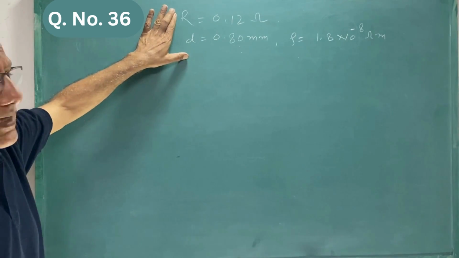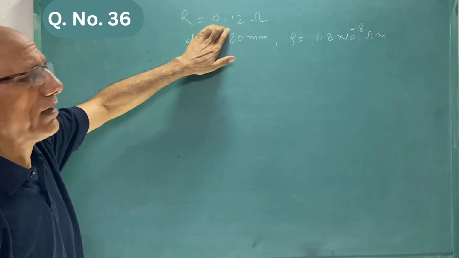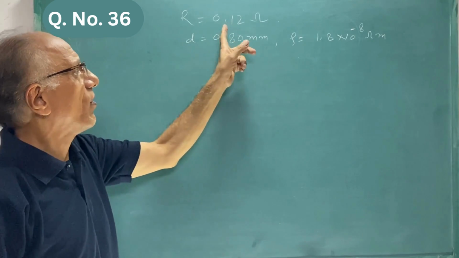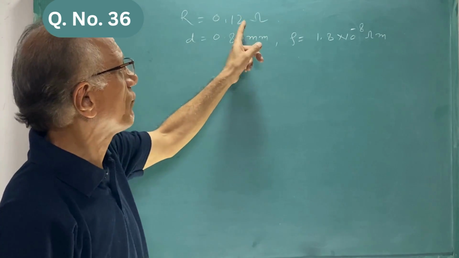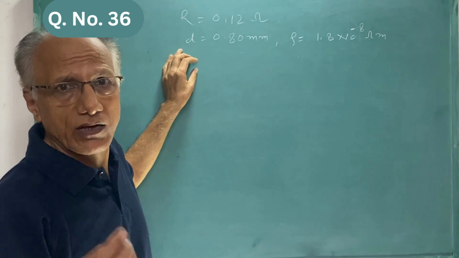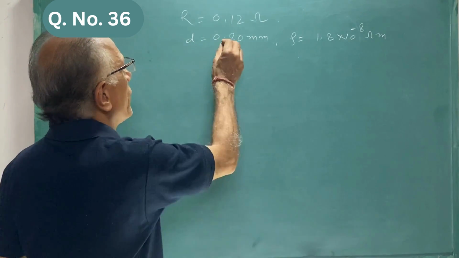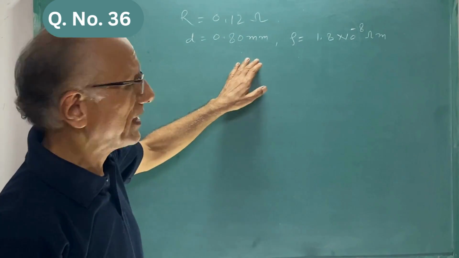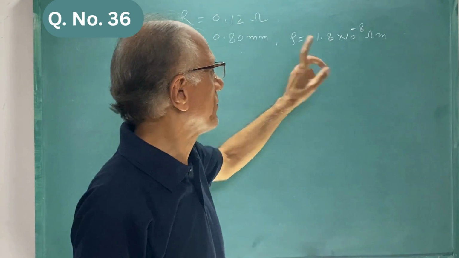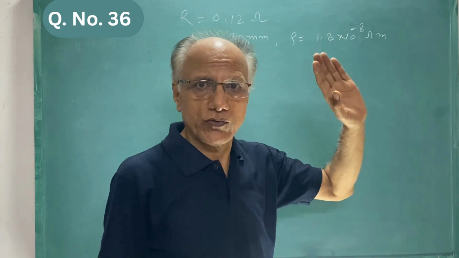That means the student wishes to make a resistor of 0.12 ohm resistance using a wire of diameter 0.80 millimeter, and the resistivity of copper, because the wire is of copper, is 1.8 into 10⁻⁸ ohm meter.